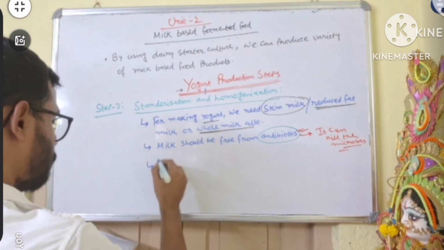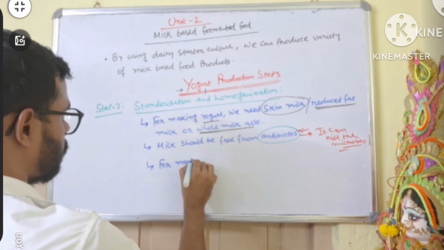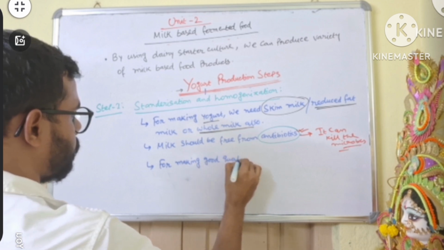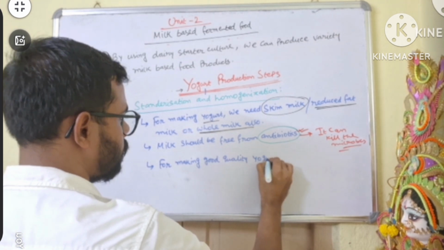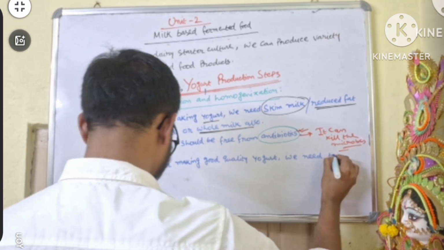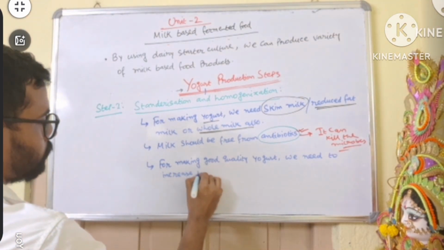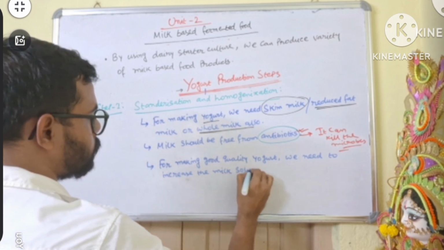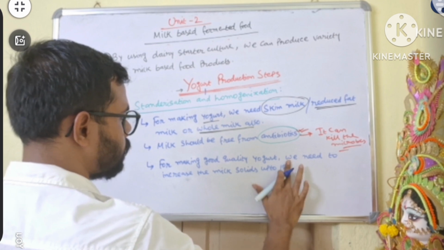Point number three, to make good quality yogurt, we need to increase the milk solid up to 15%.